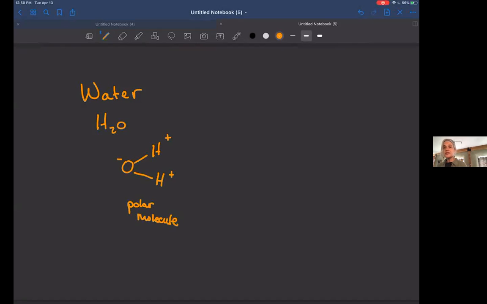And one of the interesting things about polar molecules is that they form hydrogen bonds with other molecules. For example, water molecules hydrogen bond to one another. This hydrogen bonding could be shown here in a dotted line. So this is an example of a hydrogen bond.